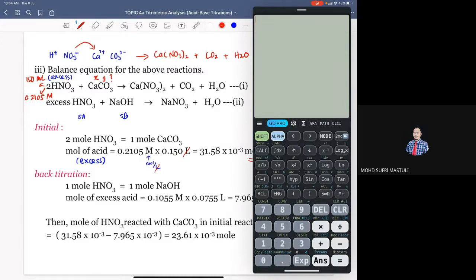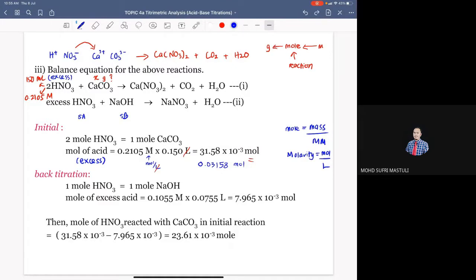So calculate 0.1205 times 0.150. You can obtain 0.031575, or you can use the index and write 0.03158 mole.